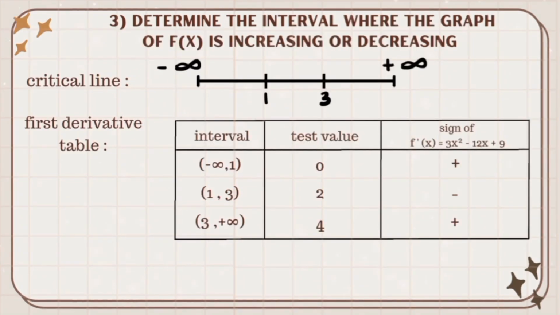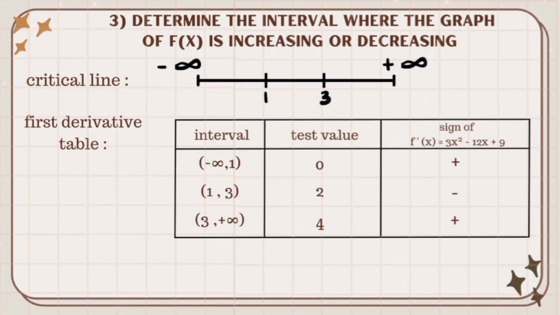Question number 3 is determine the interval where the graph of f(x) is increasing or decreasing. First, we can draw the critical line and then proceed to do the first derivative table. For each interval, we refer to the critical line and pick any number in its range as the test value. Insert the test value into f prime of x equal to 3x squared minus 12x plus 9.